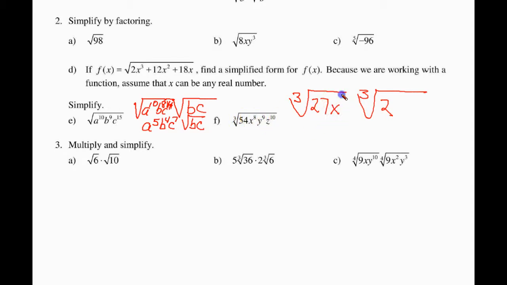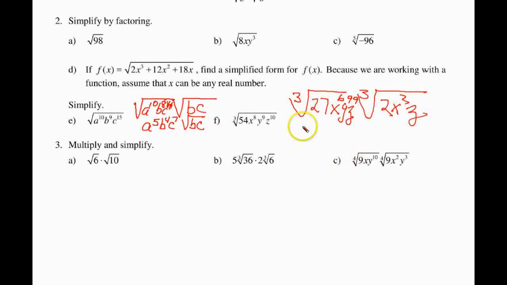Well, x to the 6th, anything that are multiples of 3, and then what's left goes there. Y to the 9th is a perfect cube because it's multiples of 3. And then we get z to the 9th, and there's a z left over.